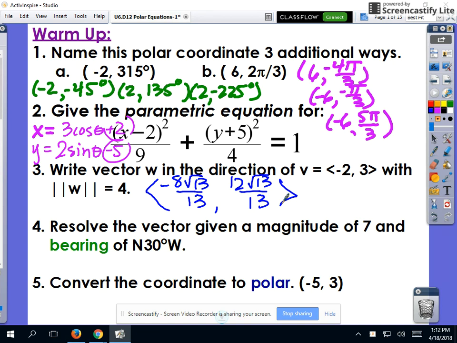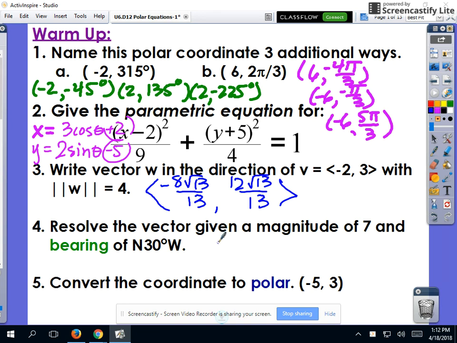Number 4, you're asked to find the bearing. So that would be 7 cosine of 120 and 7 sine of 120.